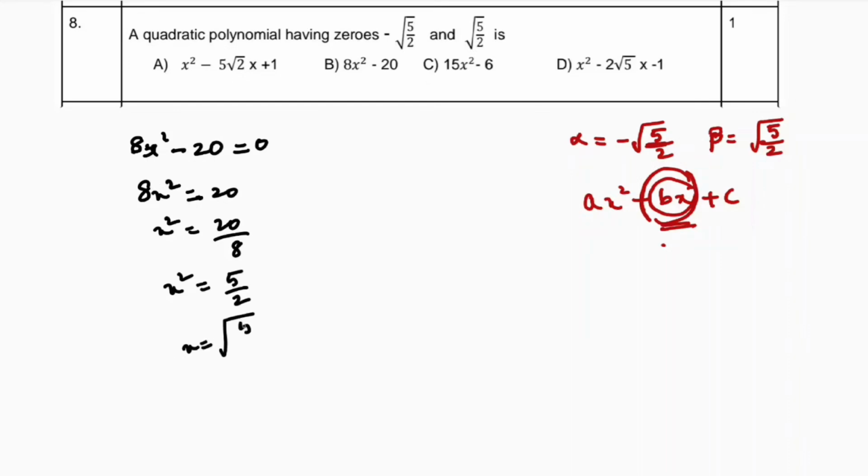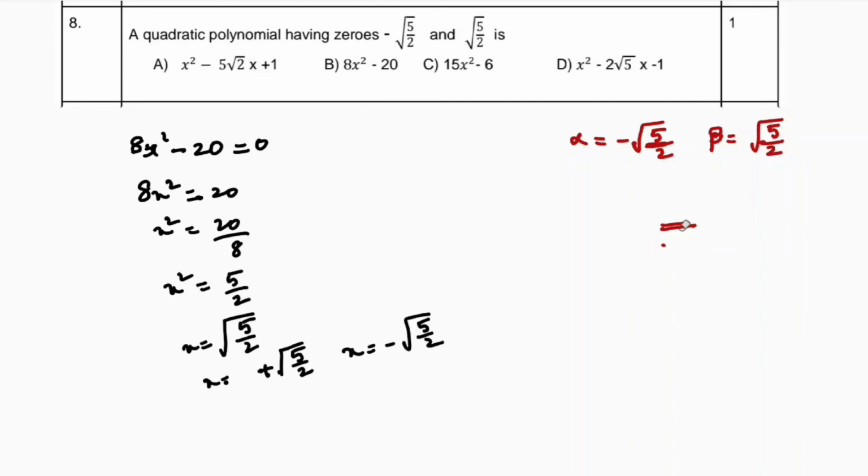So x is root 5 by 2. So this is the answer. One root is plus root 5 by 2. For the root of a number, you can take plus or minus root 5 by 2. This is one method. The other one is you can do sum and product and substitute in the quadratic polynomial formula. Now see here, the sum of the zeros will be alpha plus beta.